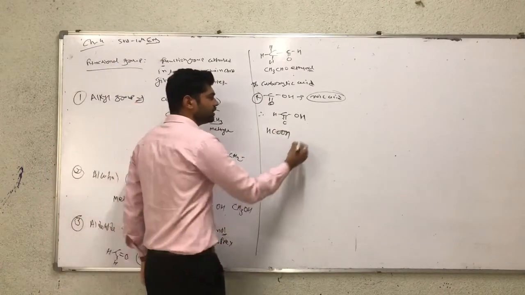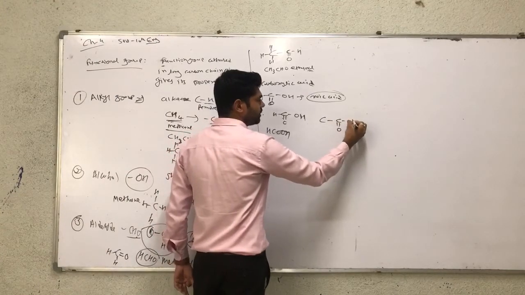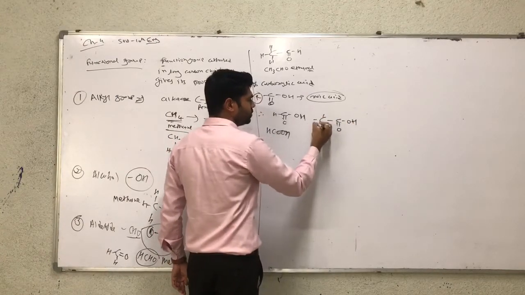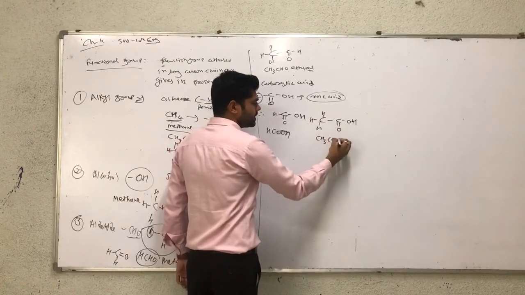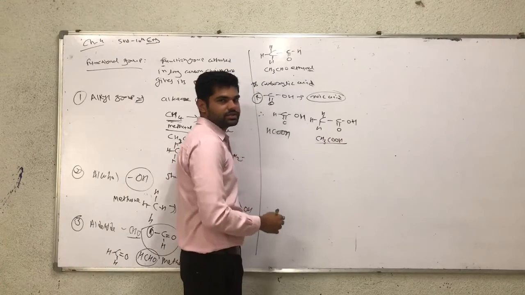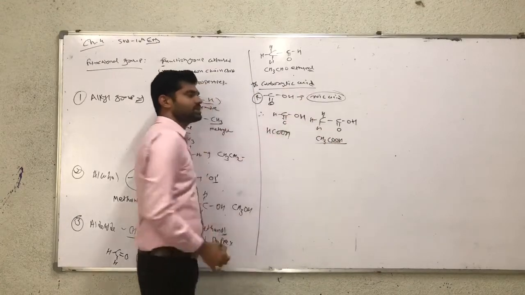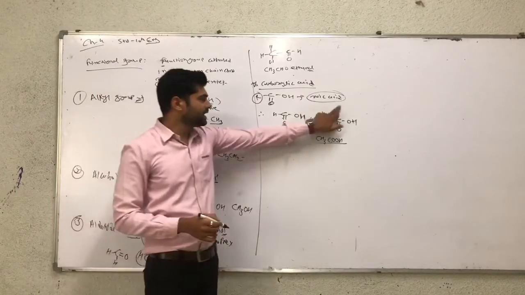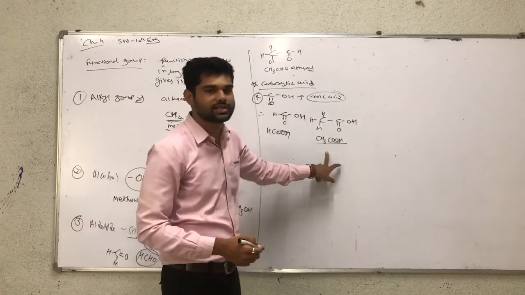In a similar way, 2 carbon: CH3COOH. 2 carbon means ethane, and the COOH functional group means carboxylic acid. Suffix is noic acid. So ethane is converted into ethanoic acid.